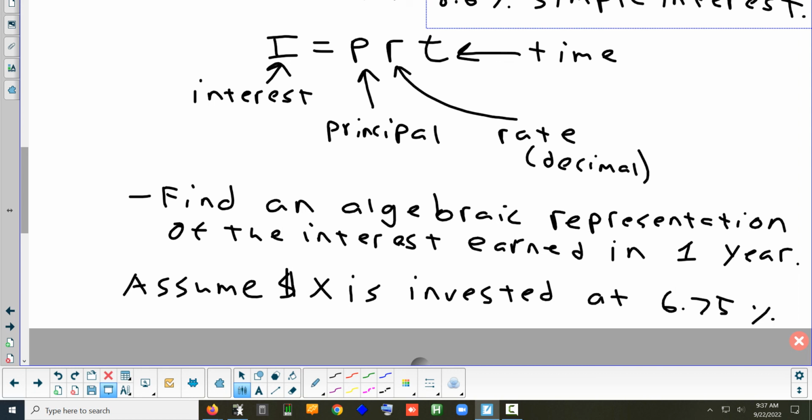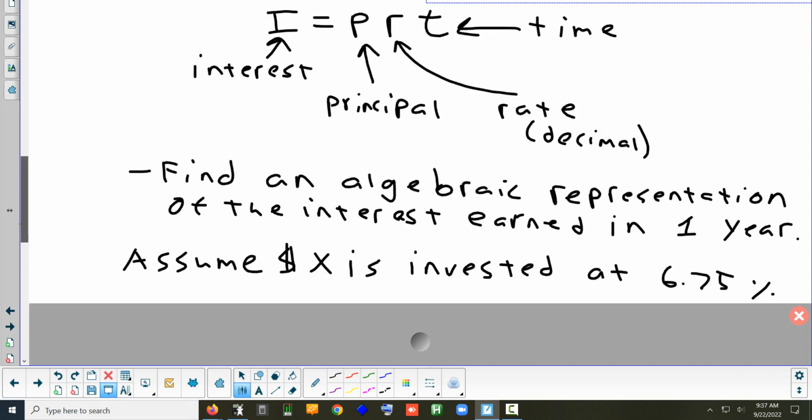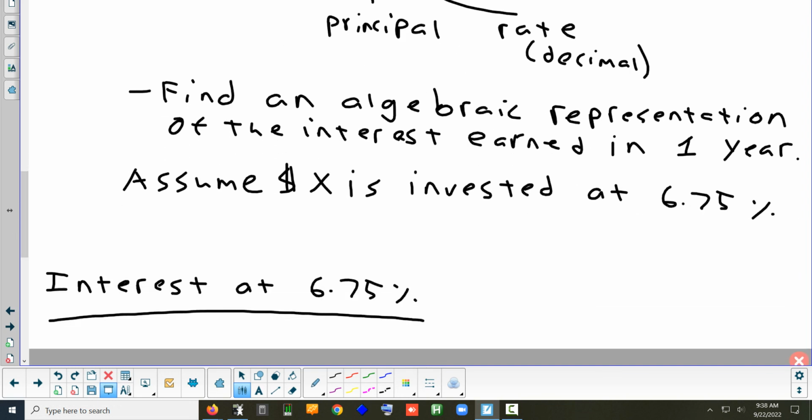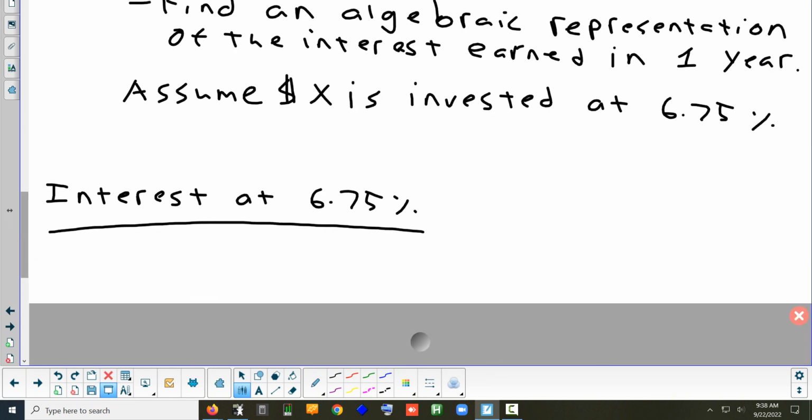So how many accounts is Bill investing in? Yep, he has 2. He's going to make money from 2 different things. So let's start by figuring out how much money he makes from the first one, the 6.75%. So we need the formula I equals PRT. Well, I we don't know.